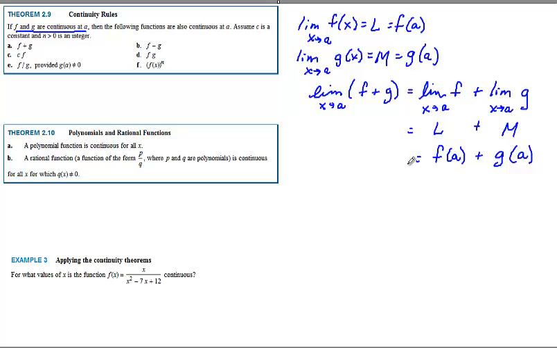And what I had to do was use those limit laws, so therefore it must be continuous because I can say that the limit as x goes to a of f plus g equals f plus g of a.